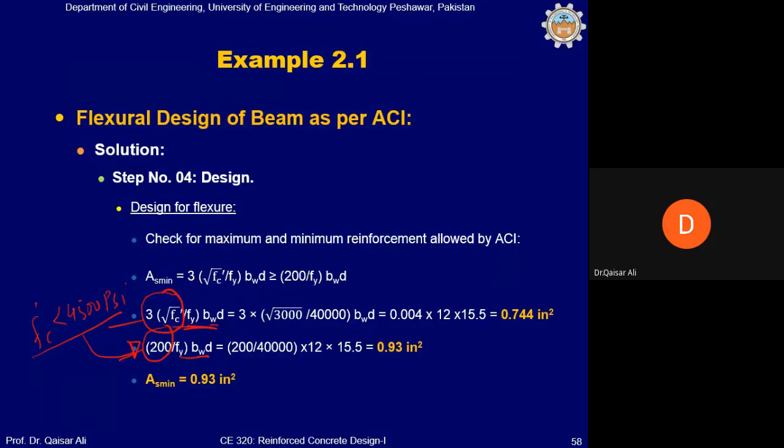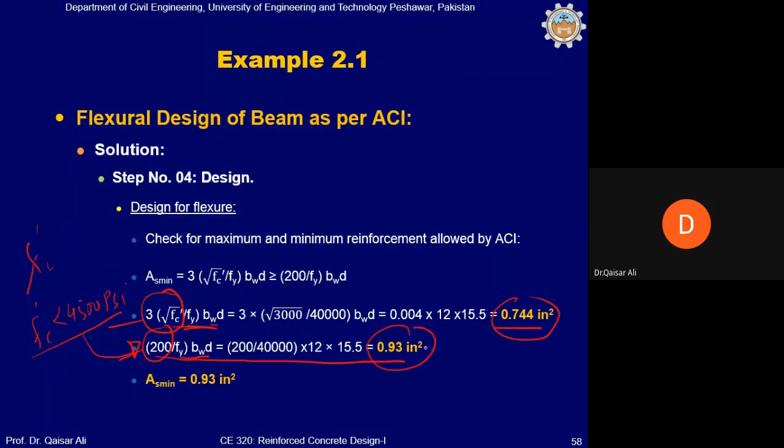In most cases in reinforced concrete, we use FC prime equal to 3000 or 4000 for beams, not more than this. Although in columns we can go up to 10,000 psi, in beams we do not usually use high strength concrete because it is not required. So 200 divided by Fy BWD will give you the greater value.